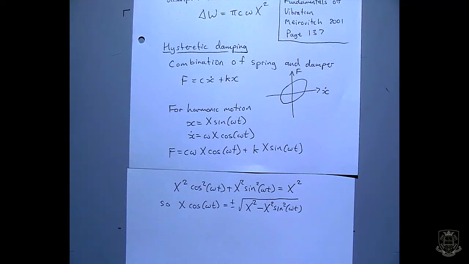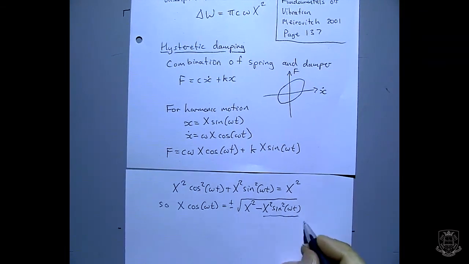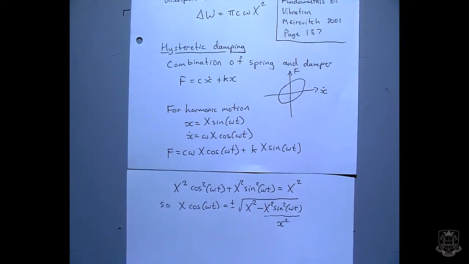So hopefully we can convince you that that's also acceptable. This bit here is just x squared, isn't it? Little x. Okay, so big X squared sine squared is just small x squared.